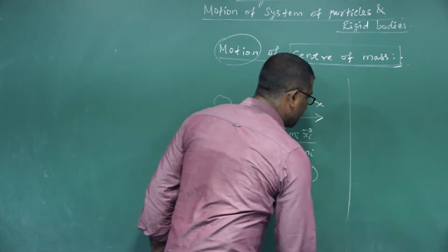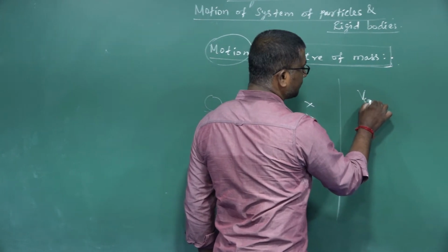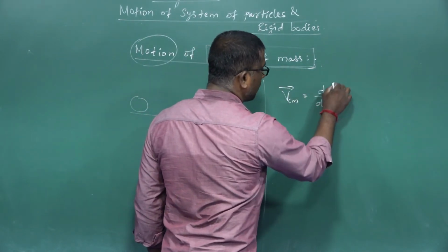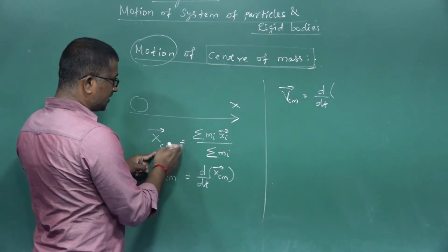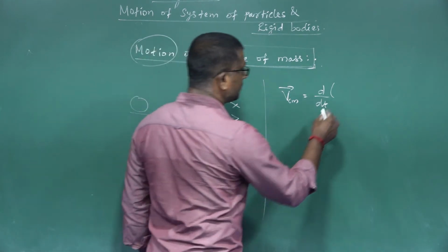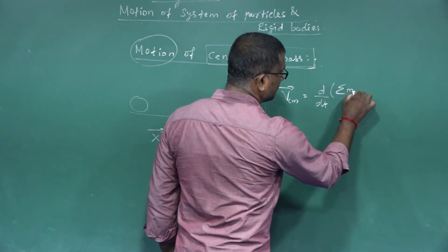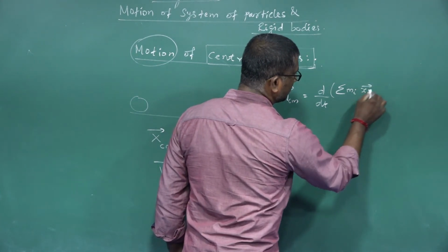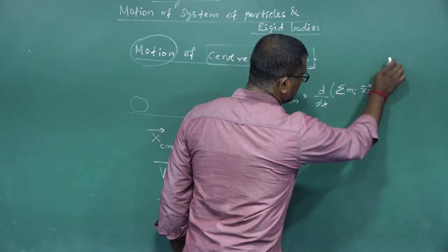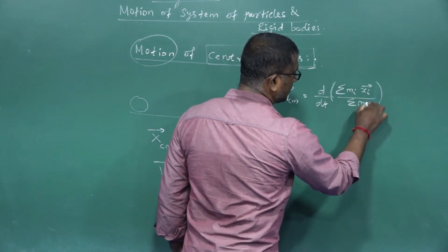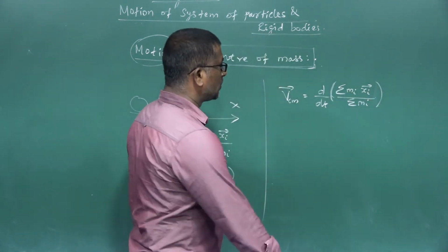Then V_cm vector is equal to d/dt of x_cm vector, which is equal to summation m_i x_i vector divided by summation m_i.